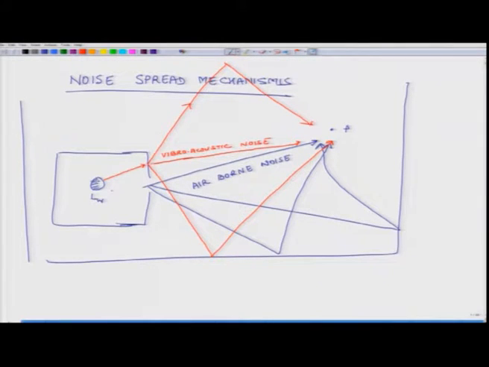So, let us look at broad strategies for controlling airborne noise. The first method could be to reduce or eliminate the sound source.